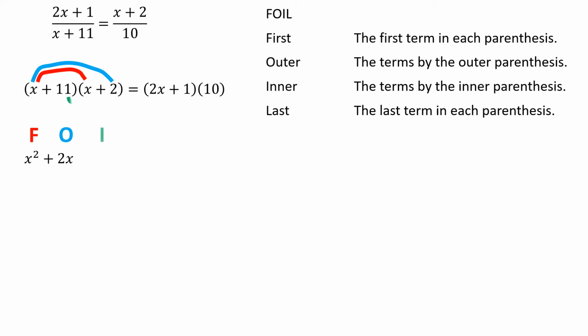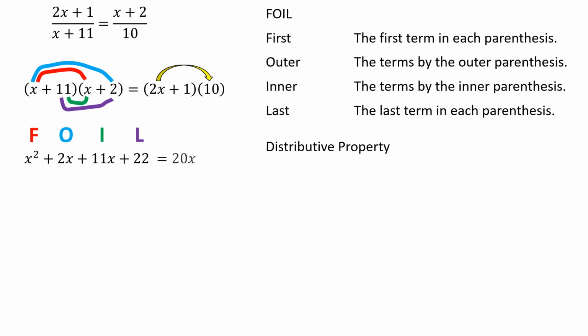Inner, 11 times x. Last, 11 times 2 is 22. And now I can just do the distributive property on the other side. I can do the 2x times 10. And I can do the 1 times 10. Combine like terms.